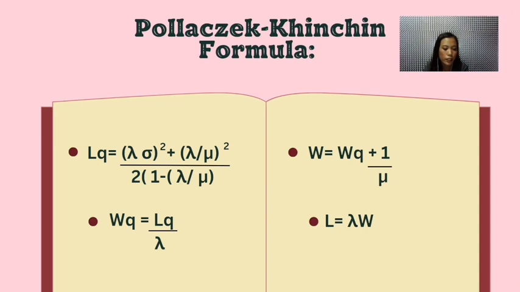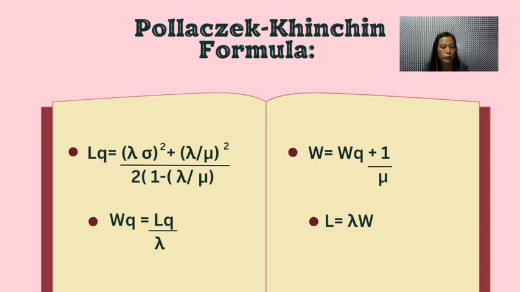The first one is the Lq. This is used to calculate the average number of customers in the line. Lq is equal to lambda sigma squared plus lambda over mu squared, divided by 2 times 1 minus lambda over mu.